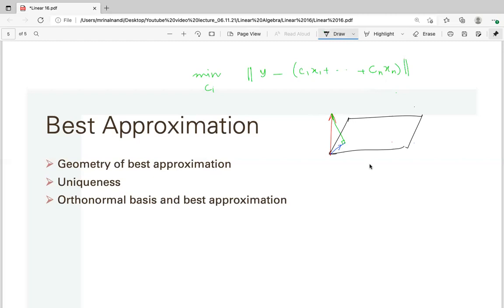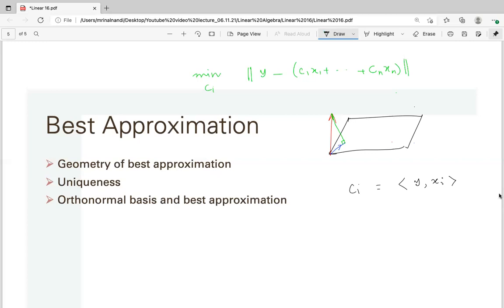This is the component part, and the distance is actually this green portion, which you can easily find from the Pythagoras theorem. What will be the distance? Pythagoras will help you. You can easily find the minimum distance, and also what c1, c2, up to cn will be. The ci's are just the inner products of y and xi.